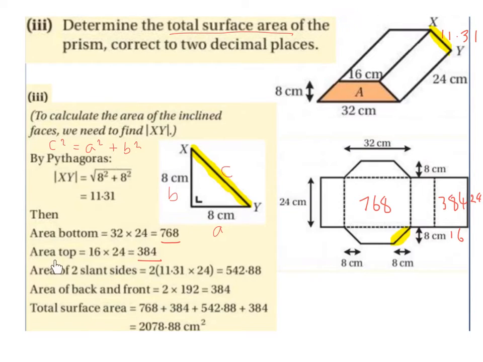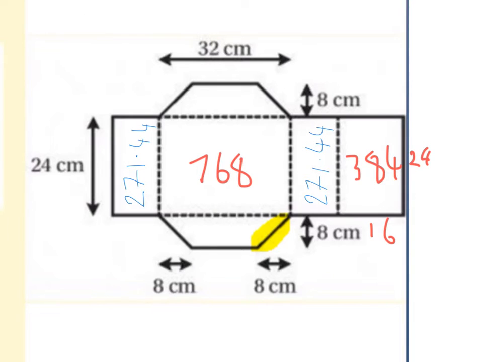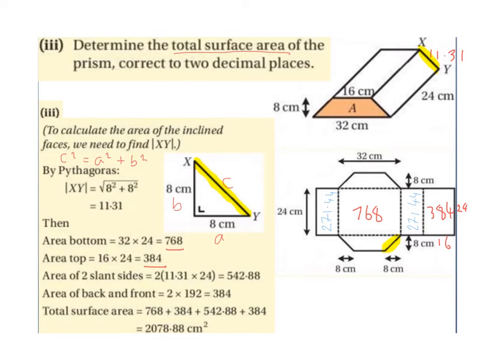Then the two slant sides, it's going to be 11.31 times 24. So we get 271.44 for each, and the two of them together will be 542.88.